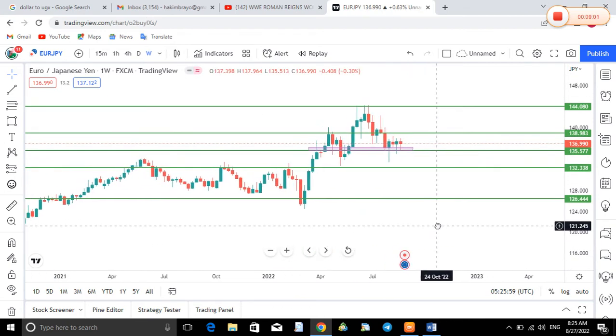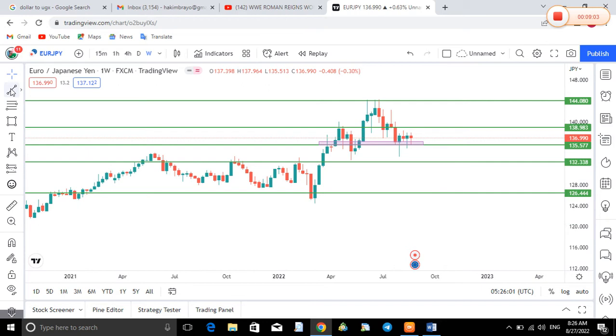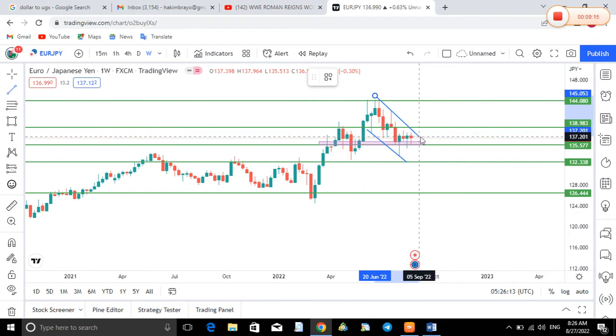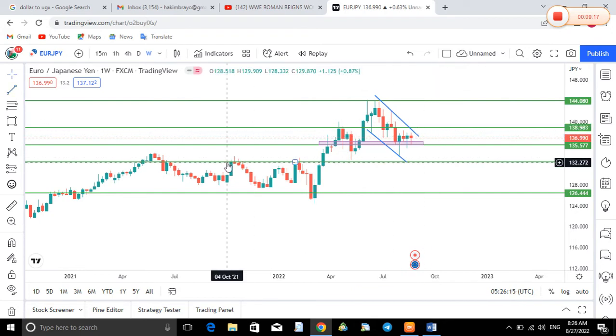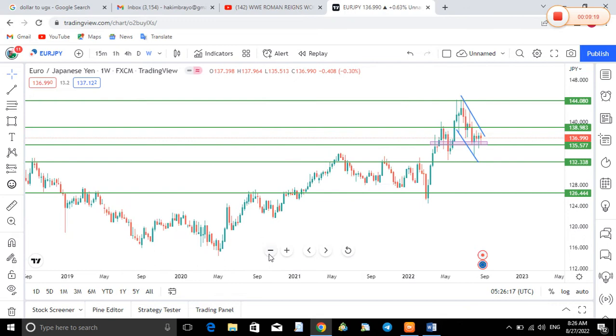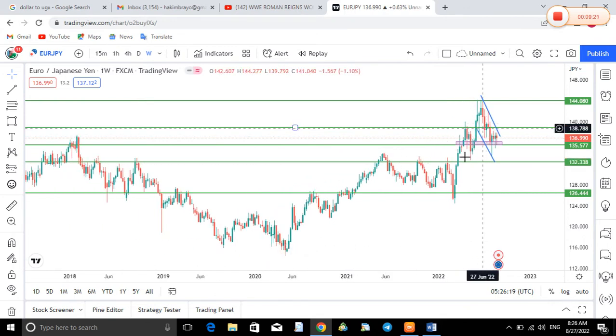Now, what I'm going to do secondly is connect my support and resistance trend lines. When I'm done with my support and resistance trend lines, I can clearly see we have a bit of a bullish flag, which might break to the upside and continue buying all the way from here to this level.